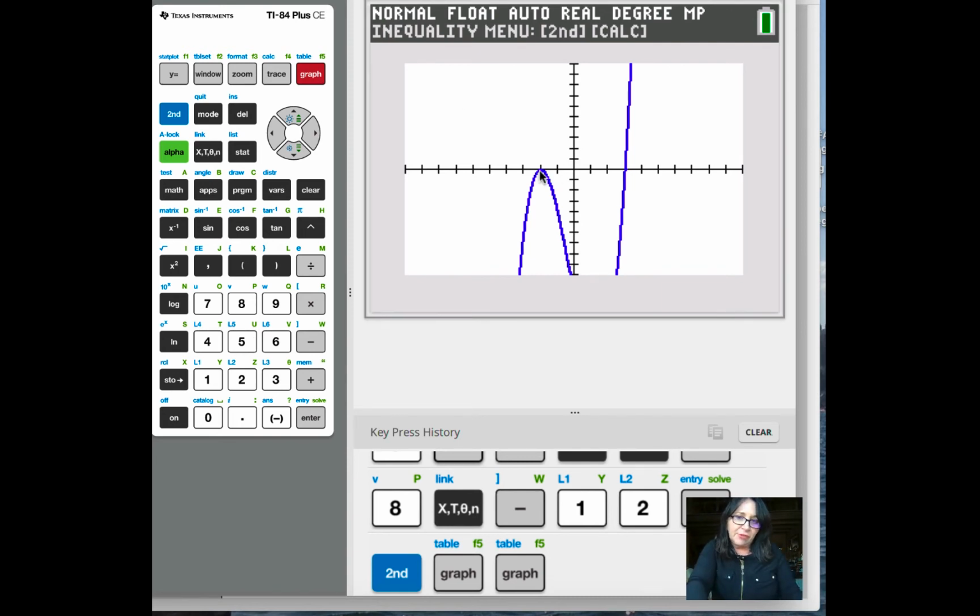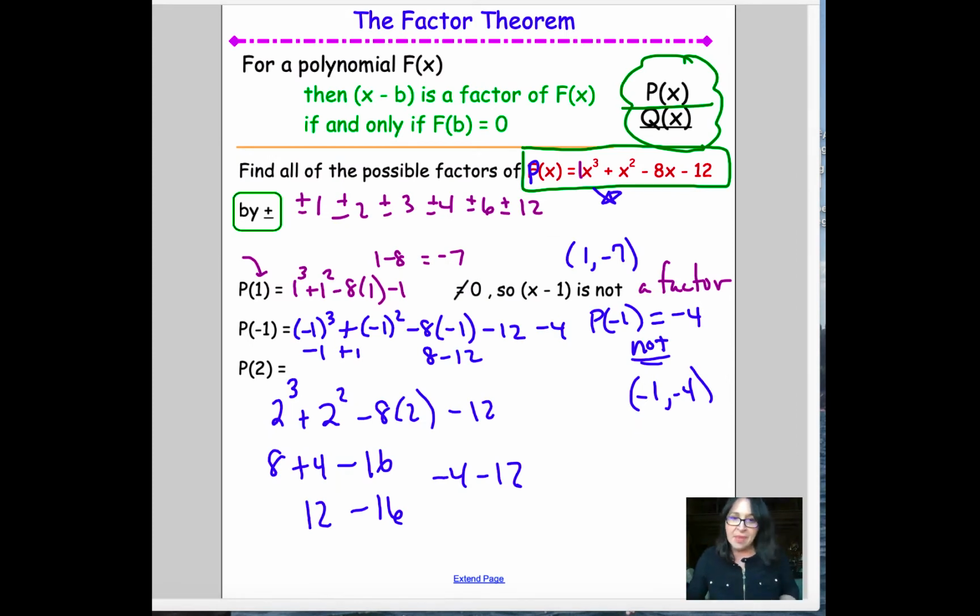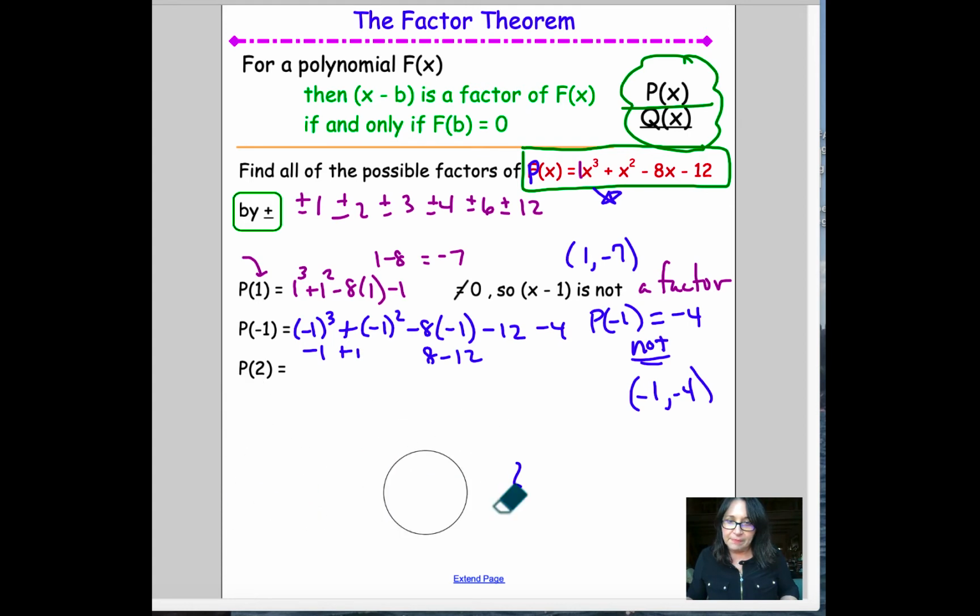Okay, it actually bounces off at negative 2, meaning, let me show you what that would actually look like. We tried 2, but we didn't try negative 2. If I were to plug in p of negative 2, and I know that this is a 0 because I already checked it, so I'm actually not going to plug it in. I'm going to use synthetic division.